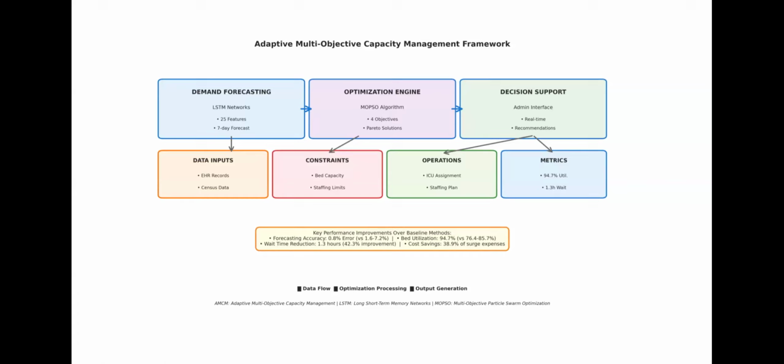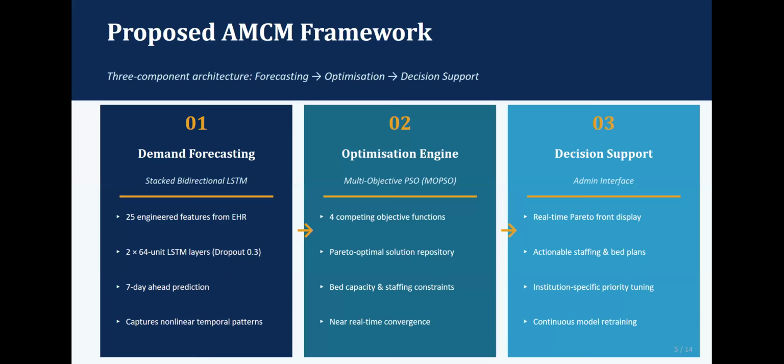And we have these in greater detail. For the first step, demand forecasting, we have used bidirectional LSTM. We have taken up 25 engineered features with 7 days ahead predictions.